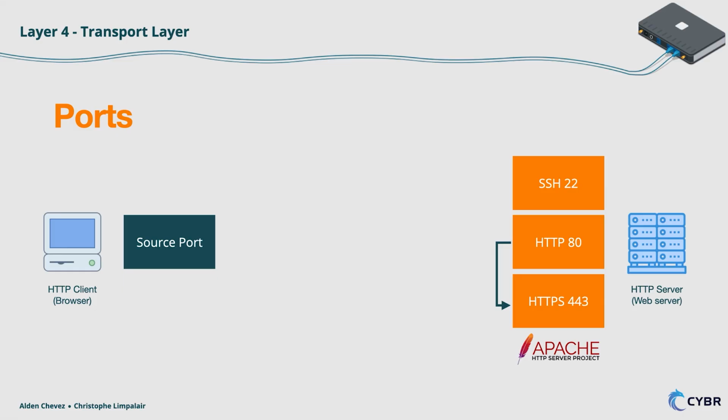For example, HTTP uses by default port 80, HTTPS uses port 443, and SSH uses port 22. The packet gets to the server, verifies the used port, and sees that the destination port is 80. And because of how it's been configured, the server knows that this packet will be handled by its web server, let's say Apache, but that it needs to forward the request to port 443 in order to use HTTPS instead of unencrypted HTTP.